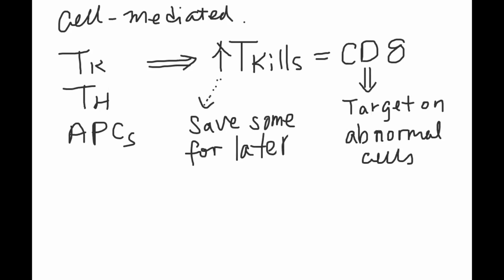Next time, if you have the same abnormal cells, then your system can recognize them much faster than the first time, because the first time you only have one cell in the whole circulation which can recognize this specific antigen, so it's going to take a while.